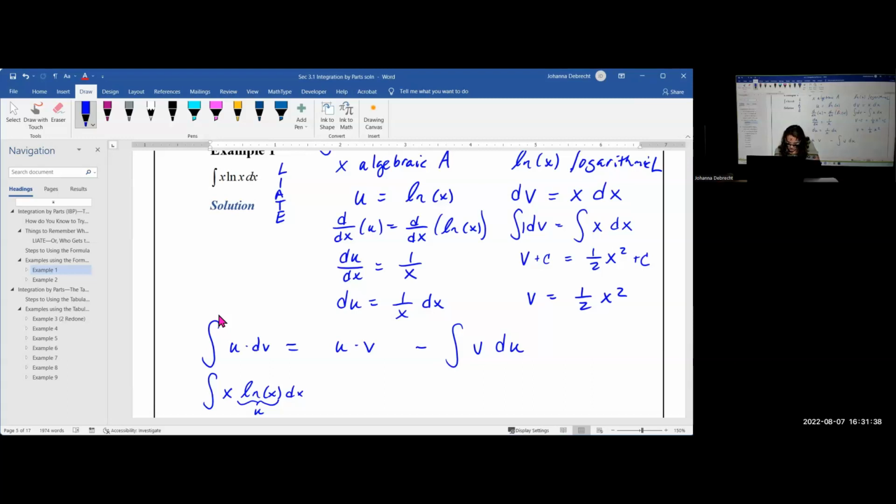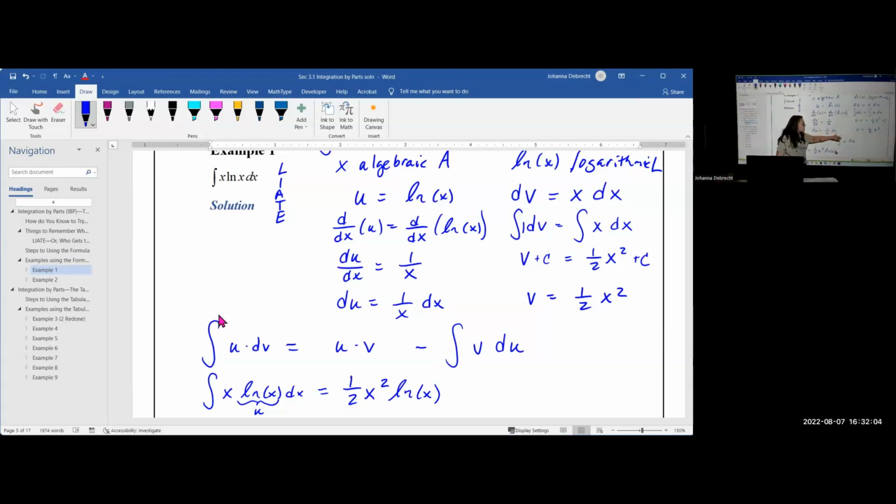So I'm going to write them in the reverse order because I like to have natural log at the back. So I have 1/2 x squared, that's v, and then times the natural log of x, that's u. So I wrote vu instead of uv. It's commutative, I know you know that. All right, minus the integral of v du. So now what I need to do is take the integral of v times du.